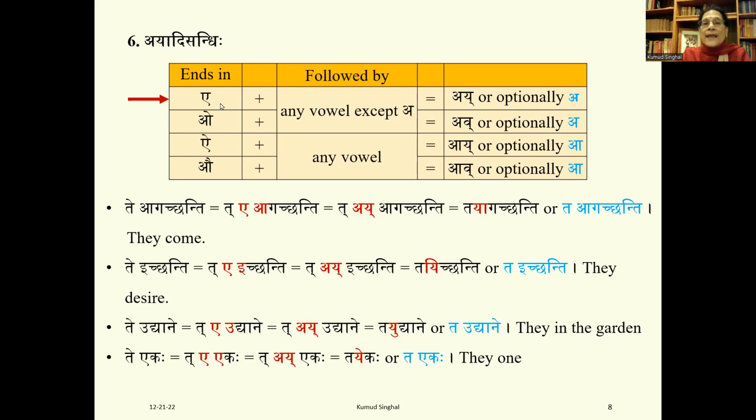If A is followed by A, then you have the Purva Rupa Sandhi.